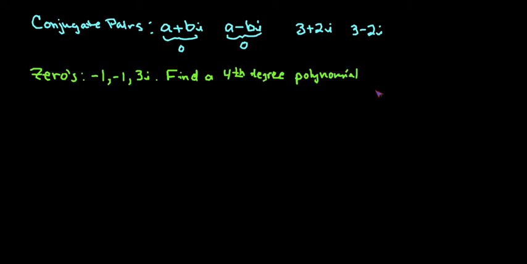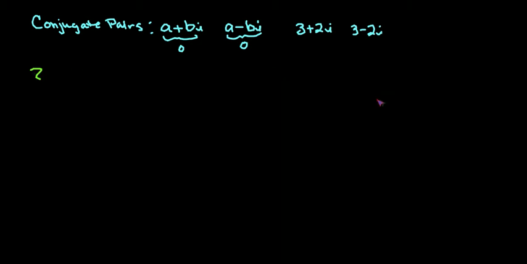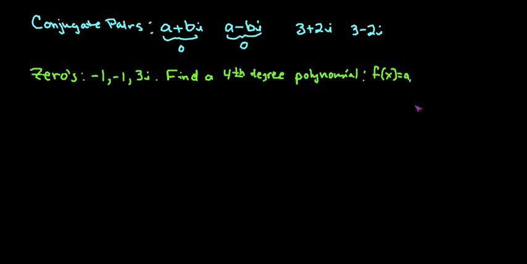And there's going to be a couple things that we can look at on here. We know a 4th degree means it's going to look like f of x equals some constant potentially, and then x minus c1, x minus c2, x minus c3, and x minus c4. So when I'm done, if I write it in terms of linear factors, it should have 4 factors, and potentially it could have a factor out here.